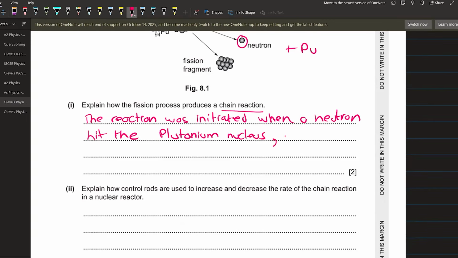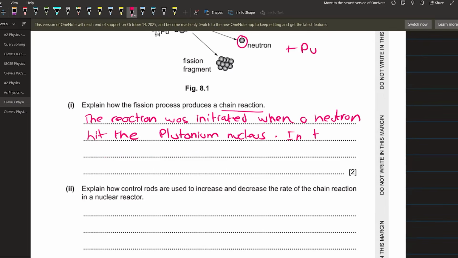Okay. In the products, we had three more, or you can further rephrase it in correct grammar. चलो इसको सही तरह लिखा देता हूँ. The reaction was initiated when a neutron hit the plutonium nucleus.